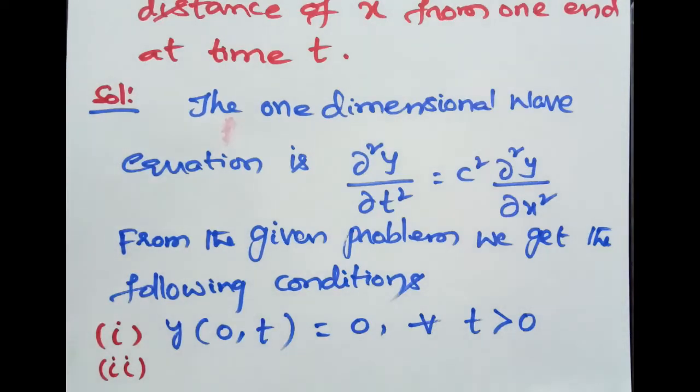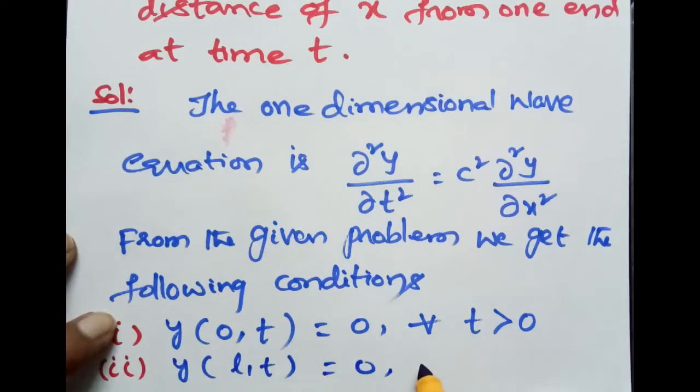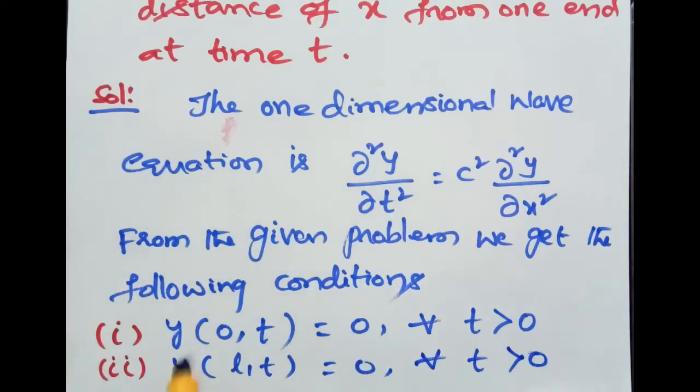That is also 0, because there is no displacement at both the endpoints. y of (L comma t) equals 0 for all t greater than 0. These two conditions are boundary conditions, because this is one boundary point and this is another boundary point, that means endpoints. 0 is one endpoint, L is another endpoint. So these conditions are called boundary conditions.